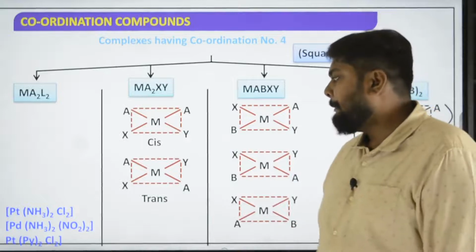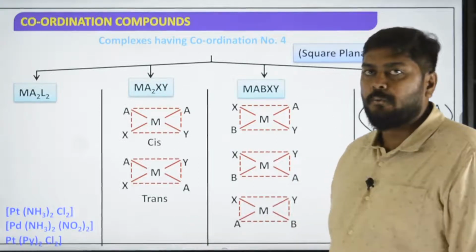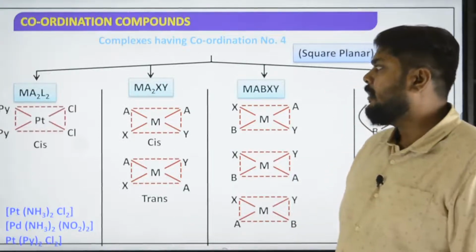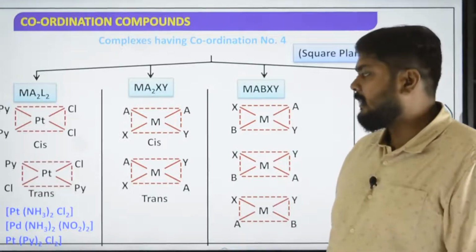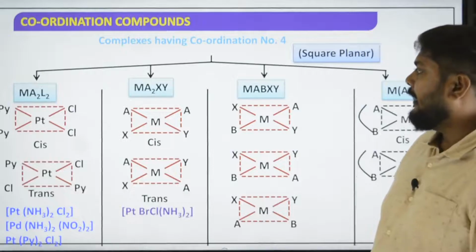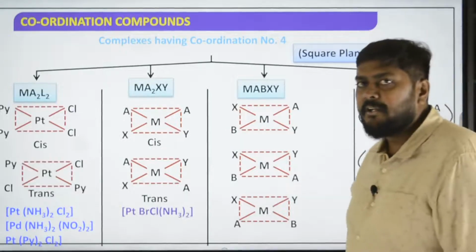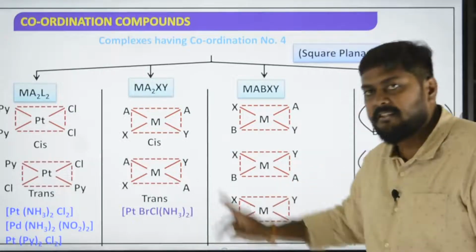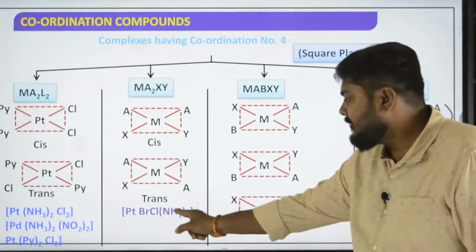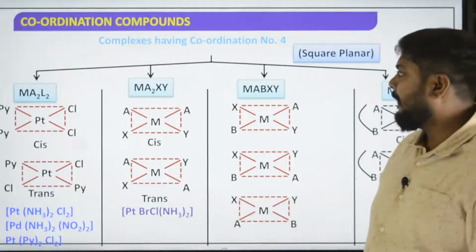Third example, Pt(py)2Cl2. Py-யும் Cl same side-la irukku, cis, opposite side-la irukku trans, right? And for the type MA2XY-க்கு Pt(Br)(Cl)(NH3)2, right?